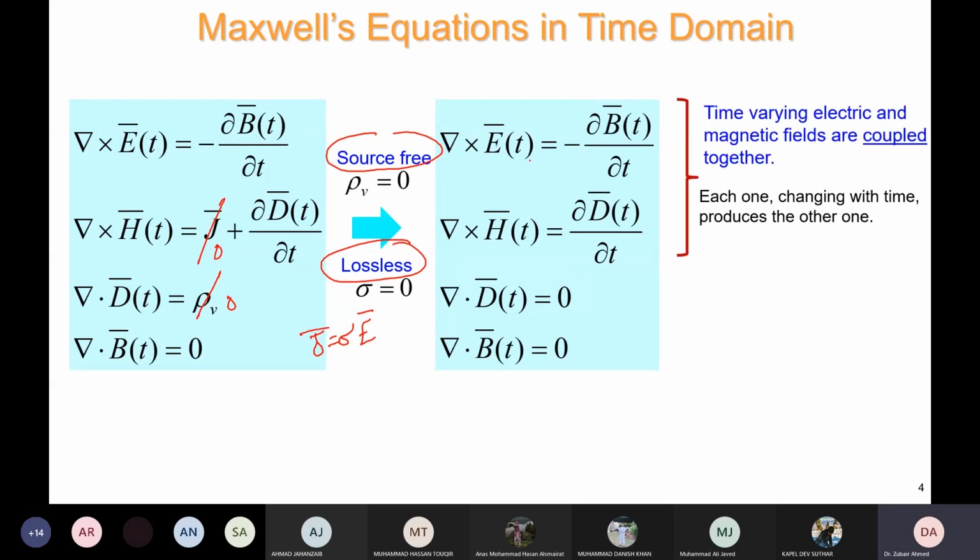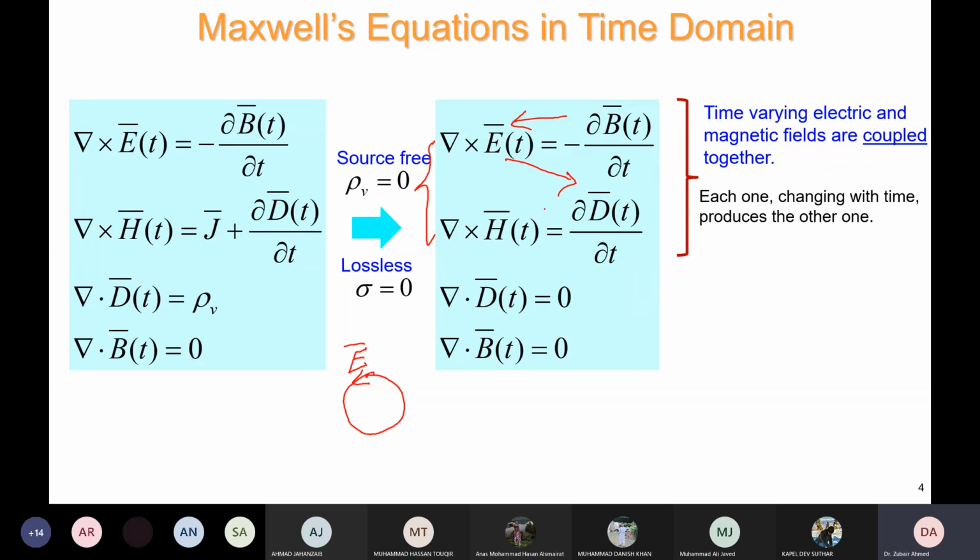Please note that these equations predict a wave phenomenon, because if you look closely at these two curl equations, they say that a changing magnetic field produces a circulating electric field. So if we have a changing magnetic field, it will produce a circulating or curling electric field. A changing electric field in turn will produce a circulating or curling magnetic field.